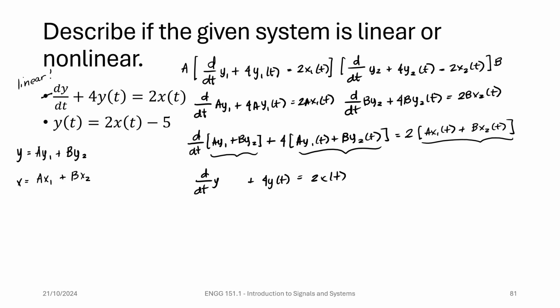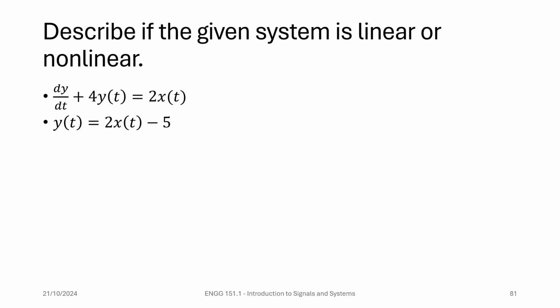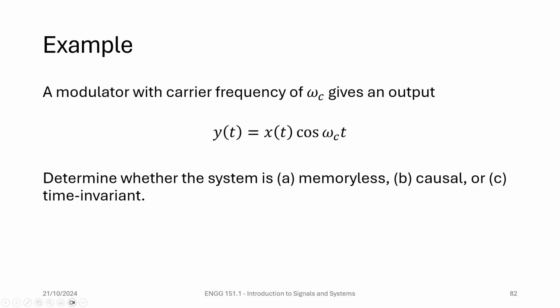Post nyo muna, then after you've posted, erase. Okay, so let's have y of t is equal to 2x of t minus 5. So ganun din. Sorry.